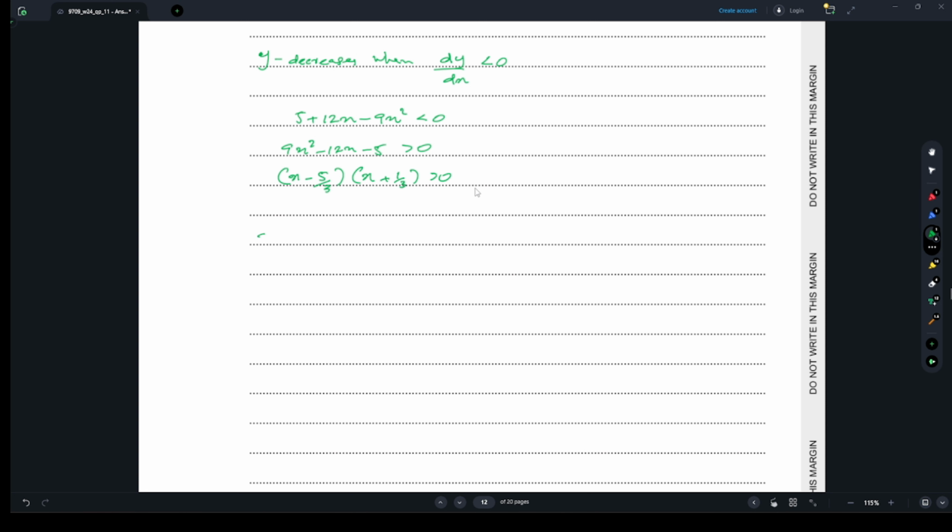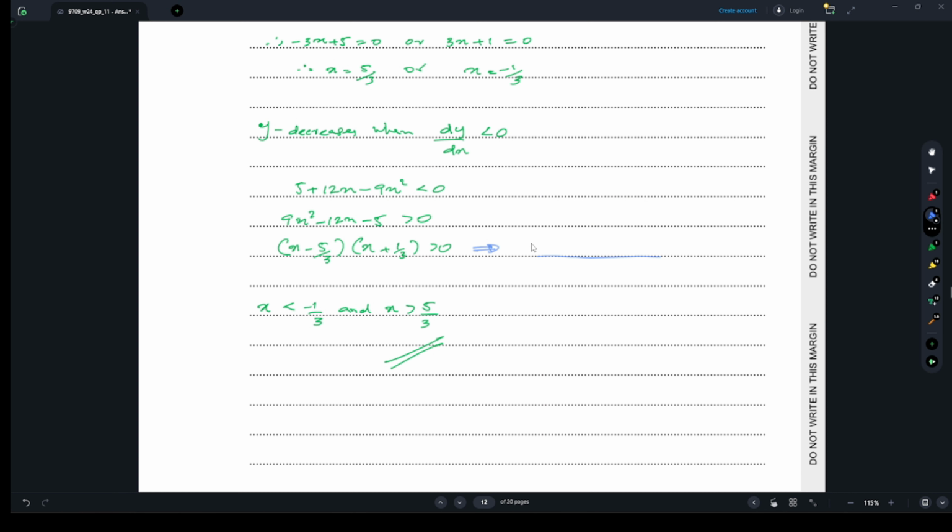So that means x less than the smallest value. Smallest value is minus 1 over 3, right? And x should be greater than the biggest value, which is 5 over 3. Let's say in case you forget or you have a doubt with doing that.